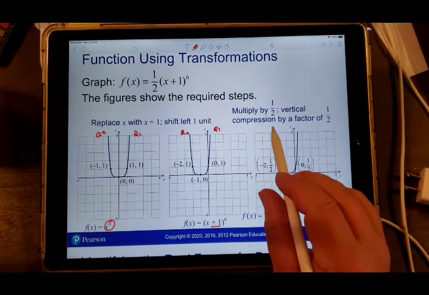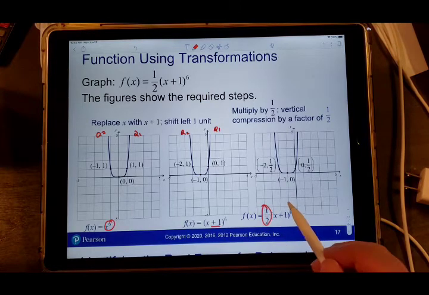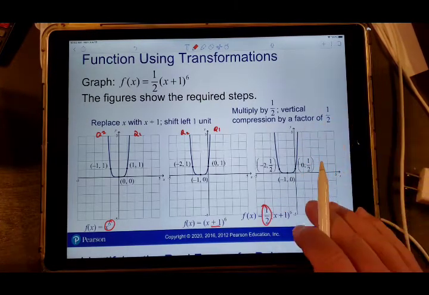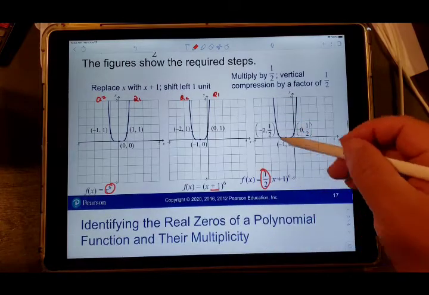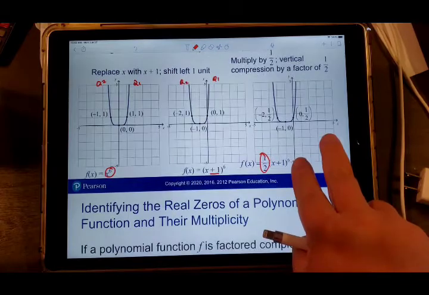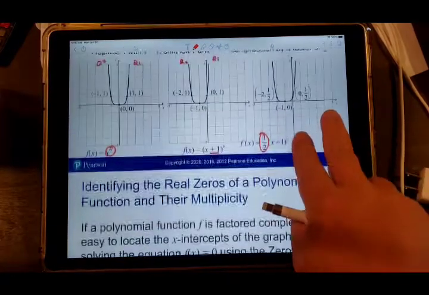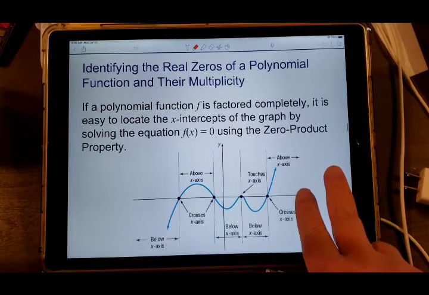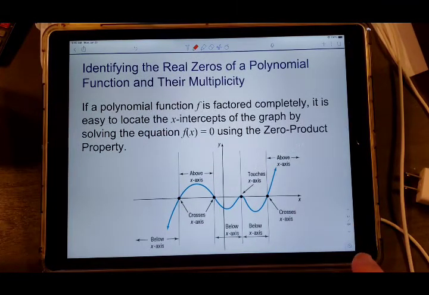Other things, what are they doing? Oh, multiplying it by 1/2. That is a vertical compression. I don't think you'll ever have to graph something in this much detail for something like this, but just the idea is helpful. And they're going to talk about this. We'll talk about this on the next video.